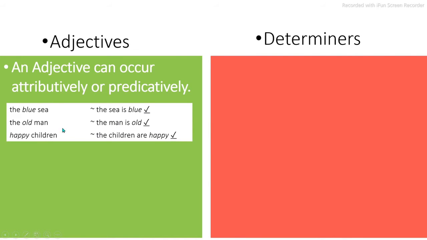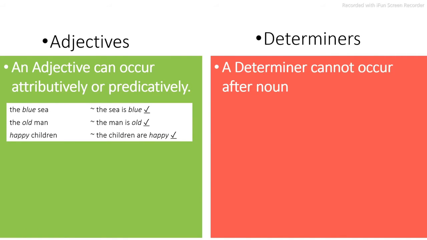The same with the old man, and the man is old, which is also correct, and happy children can also be said, and the children are happy, this is also quite correct. There is no difference in the meaning. So adjectives can be used either before or after the nouns, but the same cannot be done with determiners.